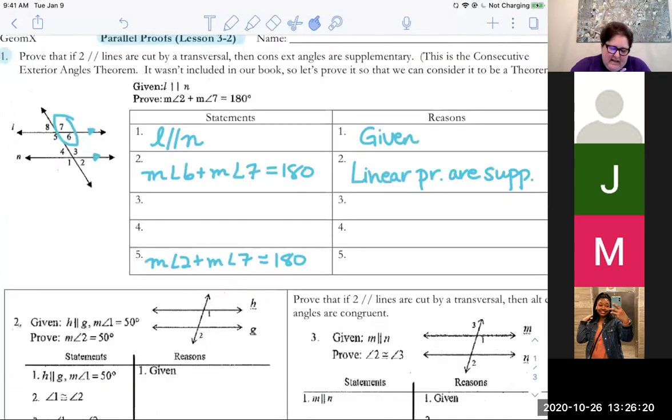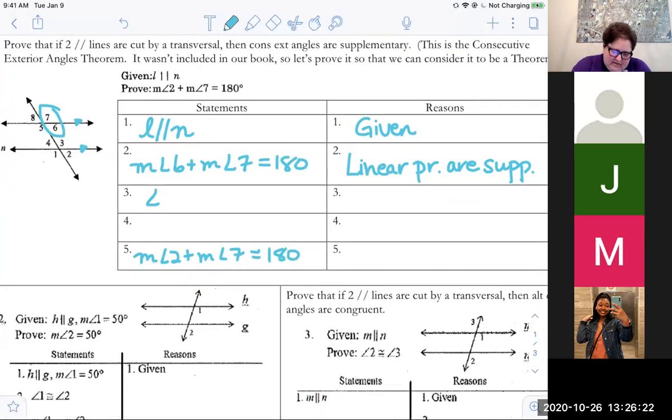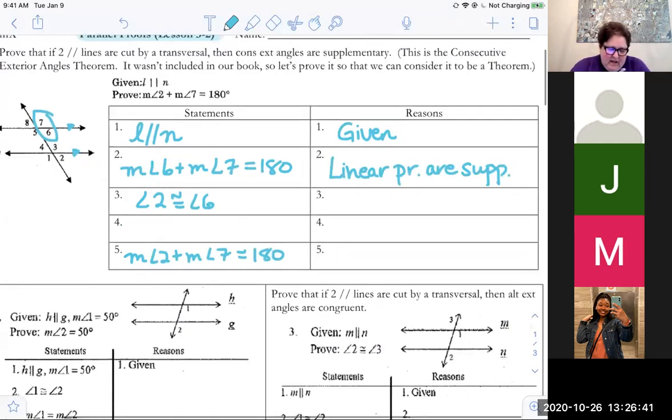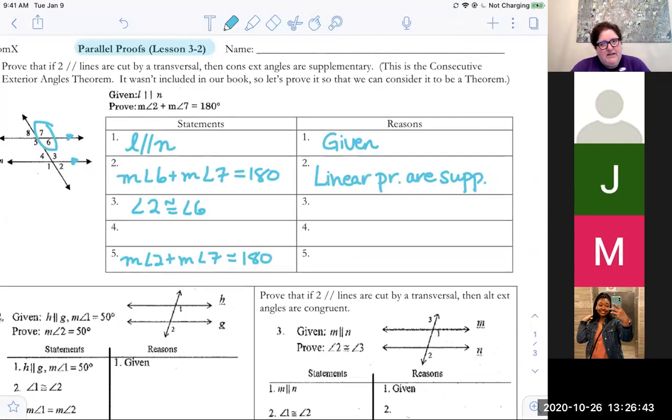Now I told you that I thought it'd be helpful to use angle 2 as congruent to angle 6 because then I'll be able to take out angle 6 and put angle 2 in its place. So if I know that those angles are congruent, then I would be able to do a substitution. What do I write for the reason why angle 2 is congruent to angle 6?